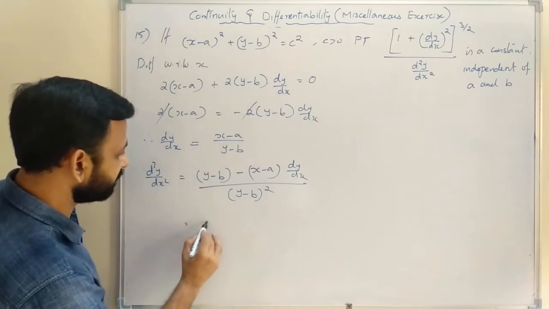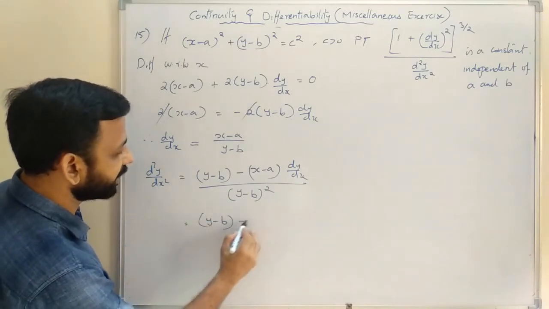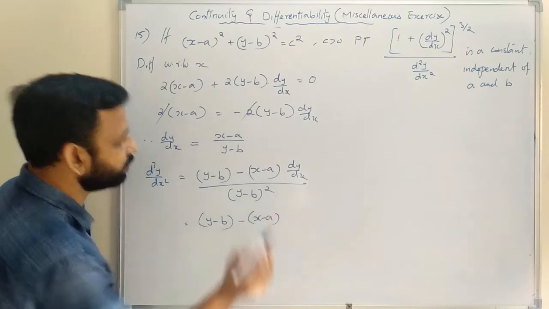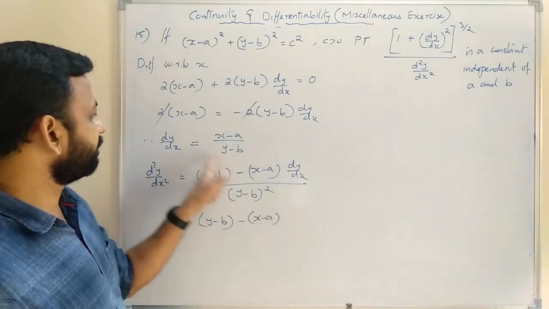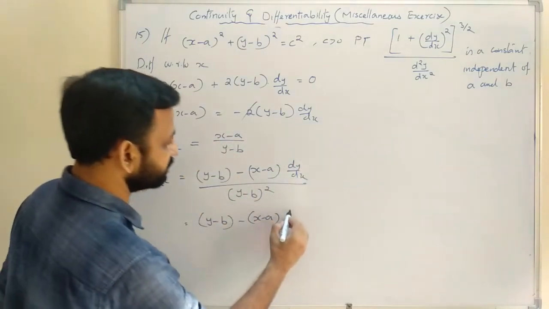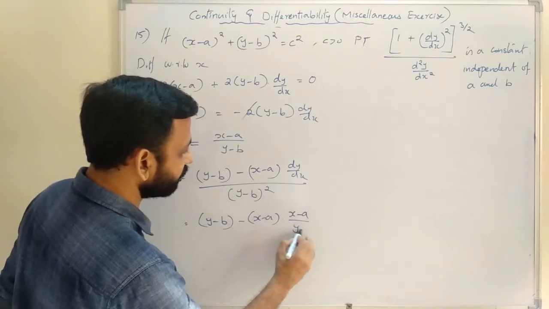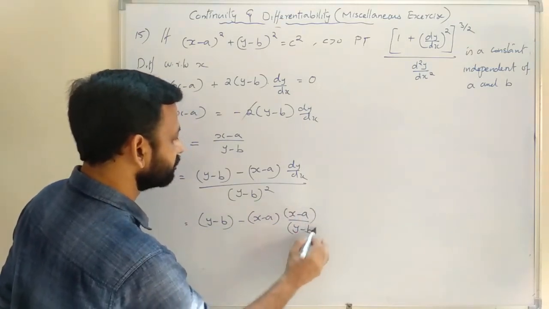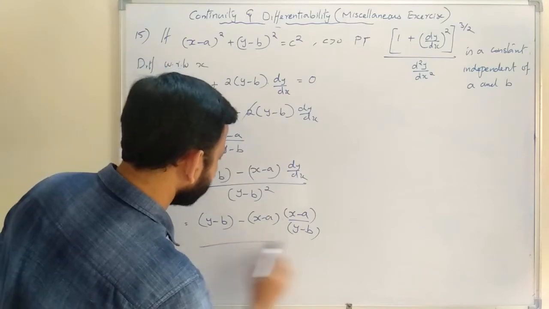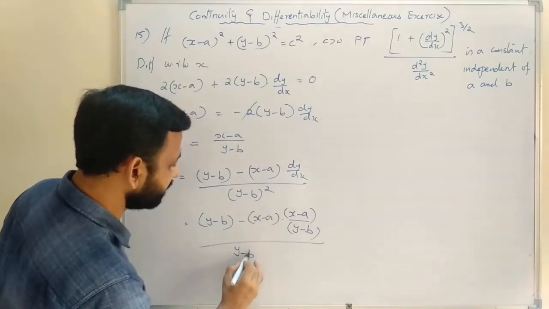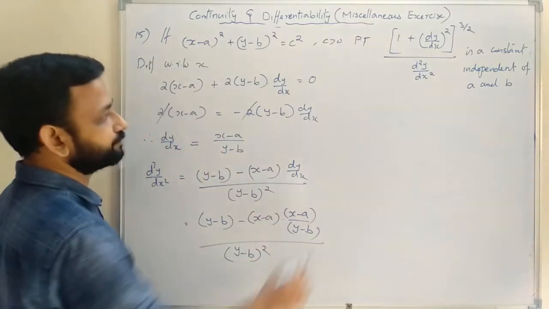Now again we can simplify: (y minus b) minus (x minus a) into dy by dx. We will replace dy by dx by minus (x minus a) upon (y minus b), divided by (y minus b) raised to the power 2.